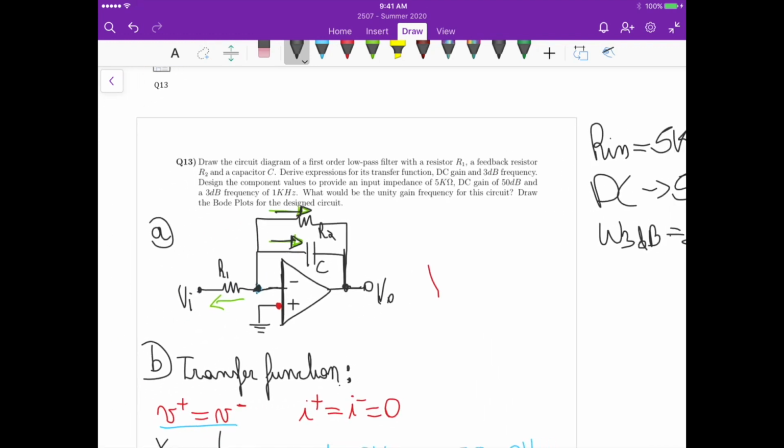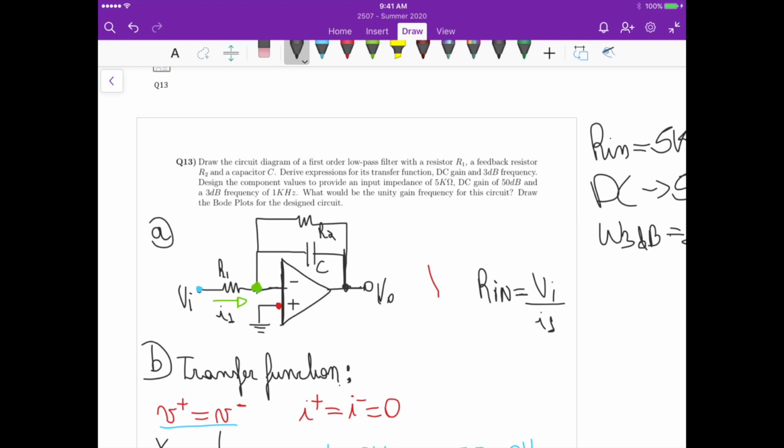Remember that this voltage here is 0, right? Let me erase this current here, because now I'm going to assign a current in a different direction. If we have a current I1 flowing in this direction from our input voltage VI, the input resistance is equal to VI divided by that current I1.